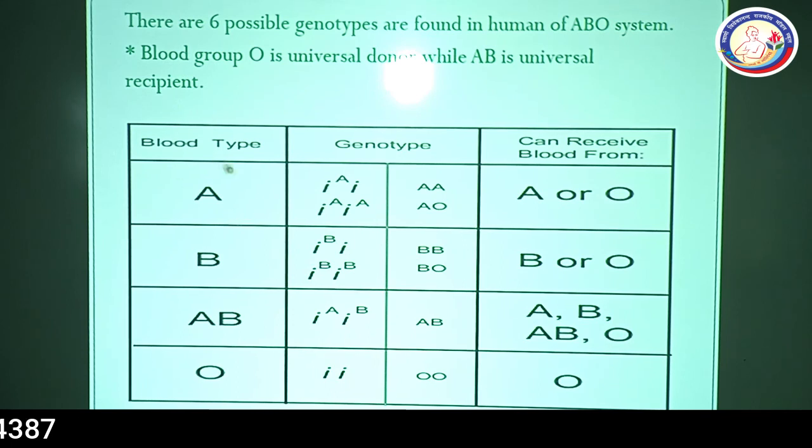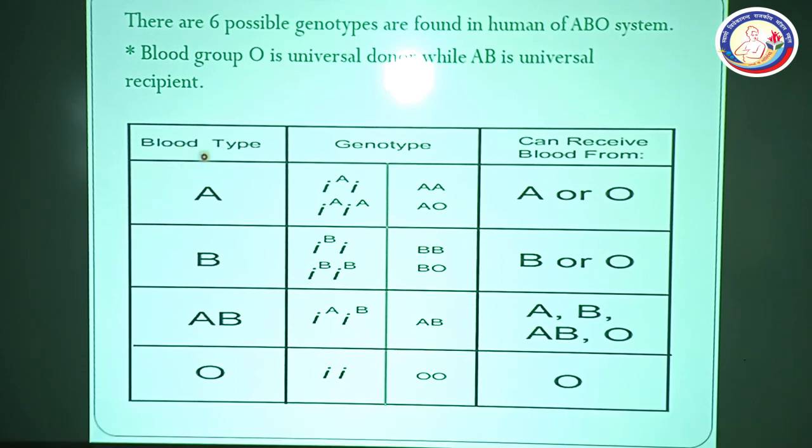You can see blood group A, or you can say blood type A, contains 2 possible genotypes: IAIA, this is homozygous, and IAi, this is heterozygous. In this condition, AO will be responsible for blood group A. It can receive blood from blood group A and blood group O. For B, again there are 2 genotypes.